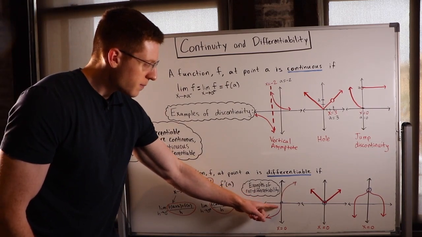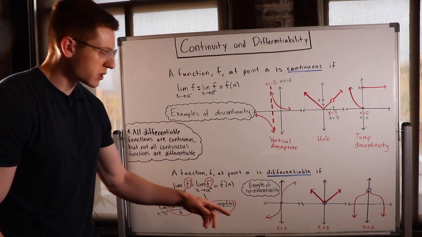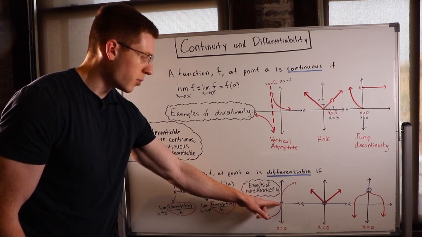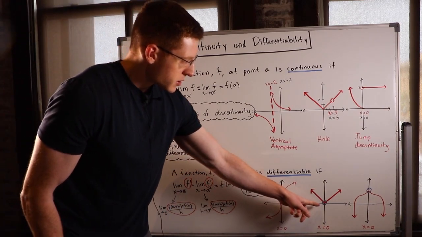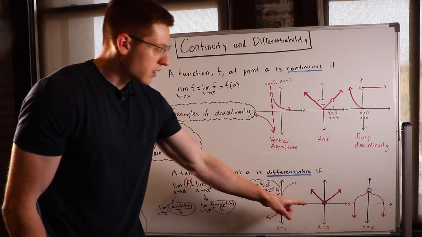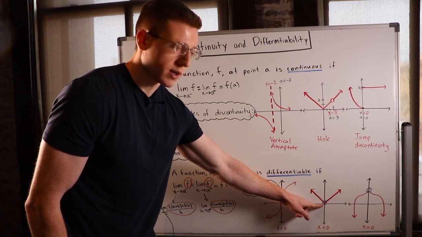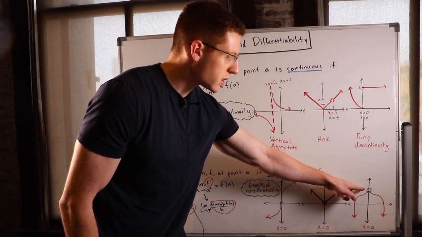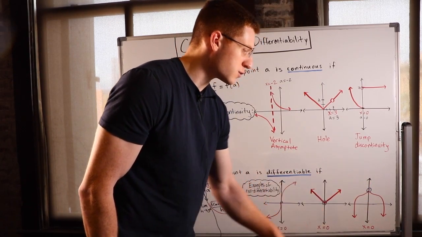Whenever you see a point like this where the slope looks truly vertical, so at x equals 0 here, or at a equals 0, this would be a point of non-differentiability. Other examples of non-differentiability are corners, sometimes called sharp points in a graph. And then you'll see cusps, where it curves up into a point and then curves back down.